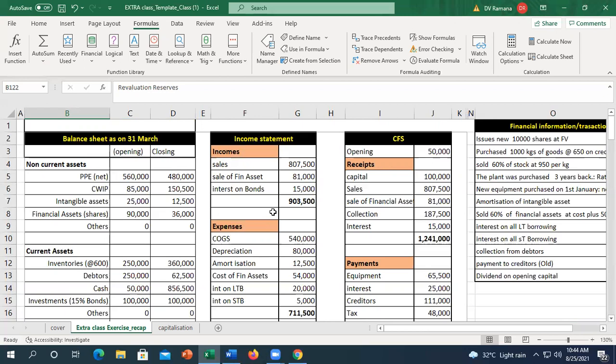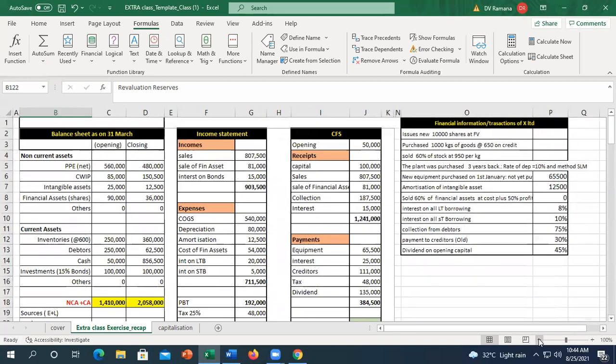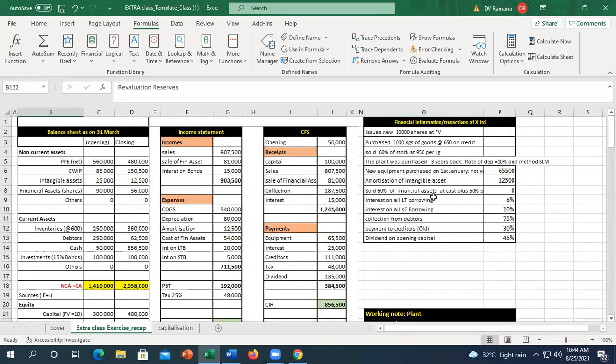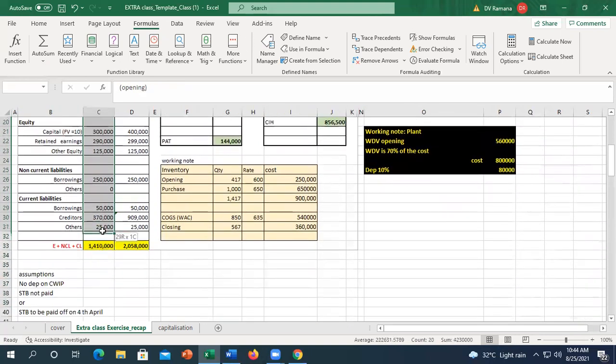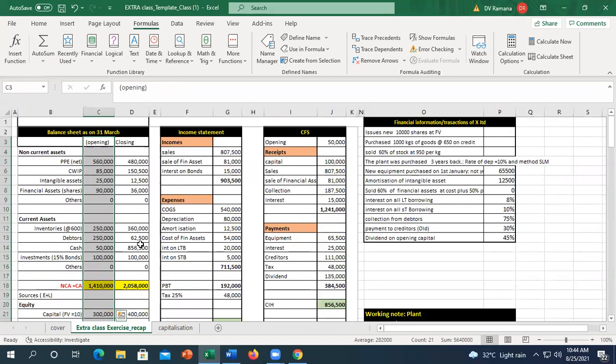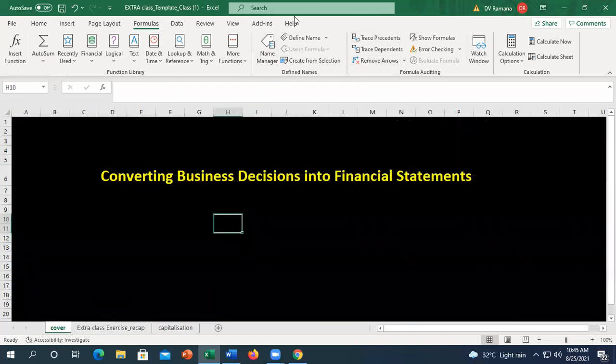So the objective of this particular exercise was to examine the impact of these decisions on the opening balance sheet. So we have the opening balance sheet. Now each and every item of the balance sheet changed because of the transaction. And this change can be seen from the income statement and the cash flow statement. Okay, so that brings us to the end of this session.